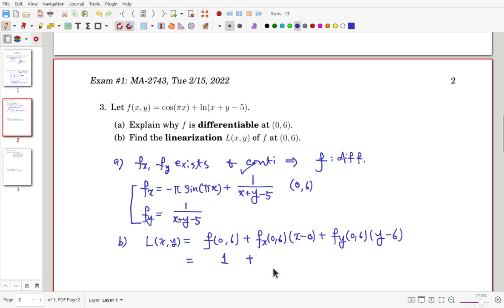And this is 1. So the 1, now x, and plus. How about f sub y? Okay, at 0, 6, then again there is 1. And now y minus 6. If you want, you can simplify, but this is the answer. Okay?